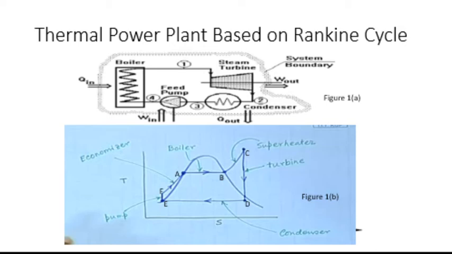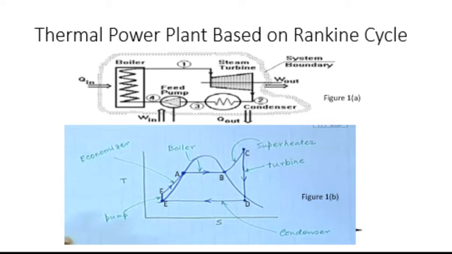Similarly, the feed pump is increasing the pressure of the fluid by compressing it. It is the compression process in the pump, whereas in the turbine it is the expansion process. But in both these essential components, there is no exchange of heat. I'm again repeating, in both the feed pump and the steam turbine, there is no exchange of heat.